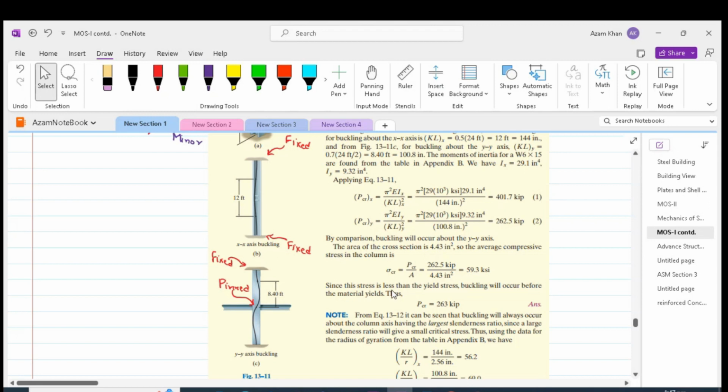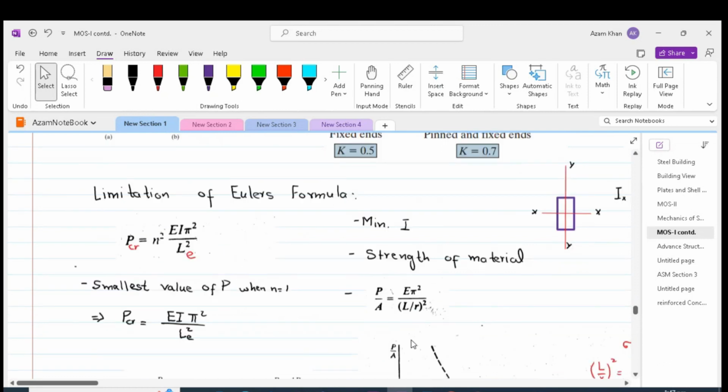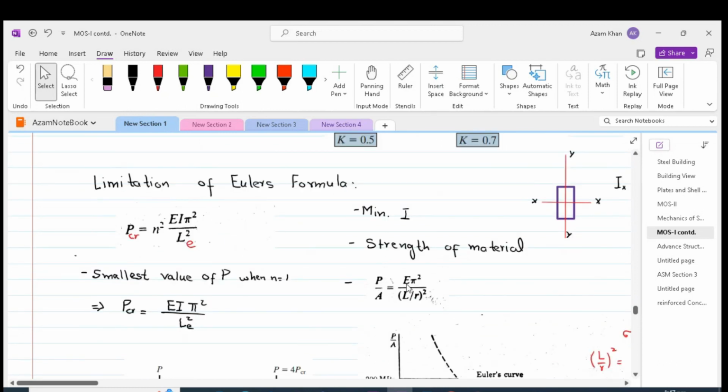We can do the same type of exercise by using the slenderness ratio. So we discussed that our critical stress is E pi squared by slenderness ratio whole squared. This L is the effective length, which is equal to K times the length of the deflected column in the shape of a half sine wave.